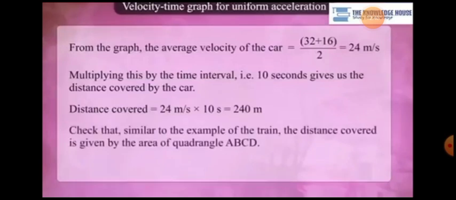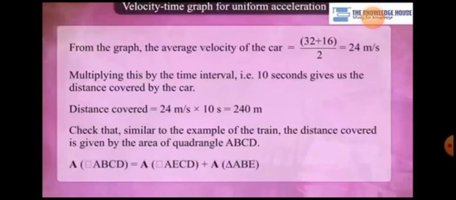Check that, similar to the example of the train, the distance covered is given by the area of quadrangle ABCD. Area of quadrangle ABCD is equal to area of quadrangle AECD plus area of triangle ABE.